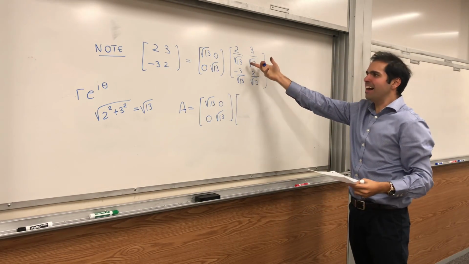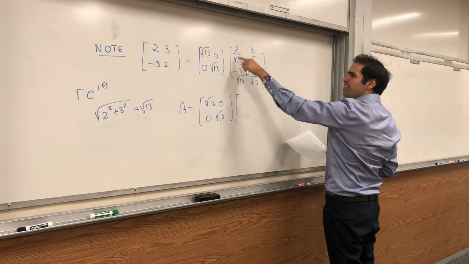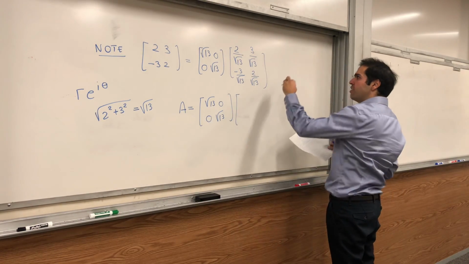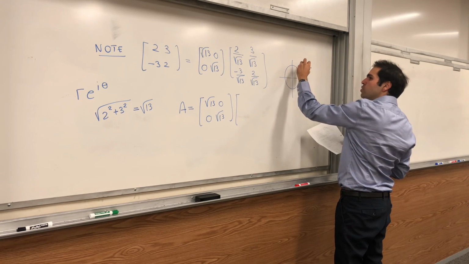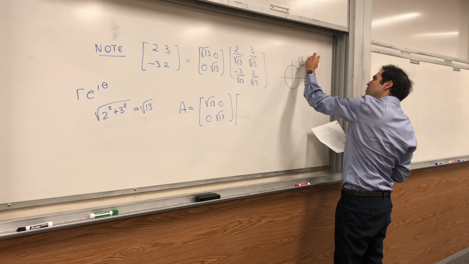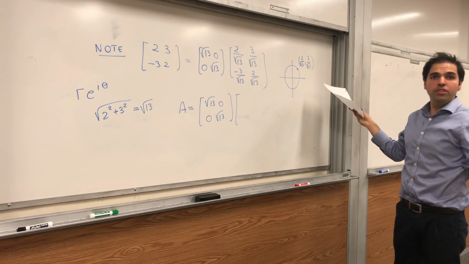And this should remind you a lot about cosine. Because notice, if you take the length of this vector, the length is 1. So really, this point, 2 over square root of 13 and 3 over square root of 13, is actually a point on the unit circle.